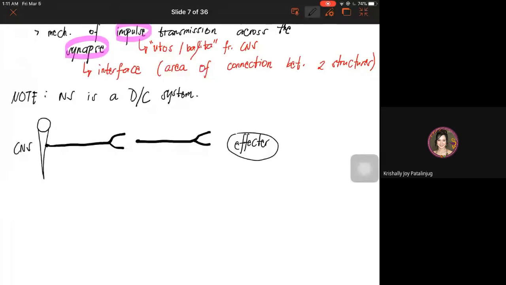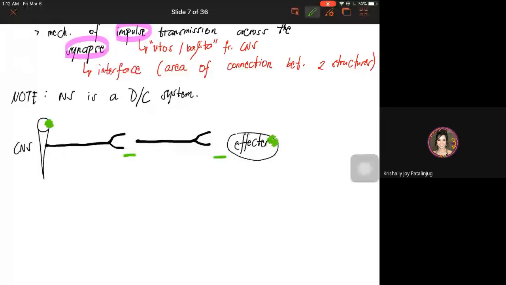For example, you have this brain, and then the effector organ. Remember that the connection or bridge from the CNS going to the effector organ is not continuous. What I mean here is that the neurons that bridge the CNS to the effector cell are not directly connected. They are not literally touching.